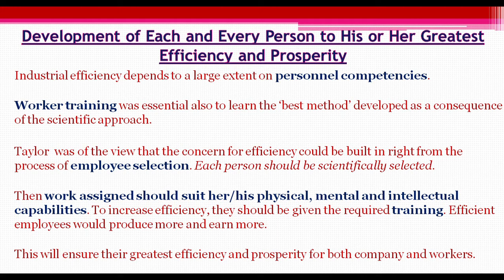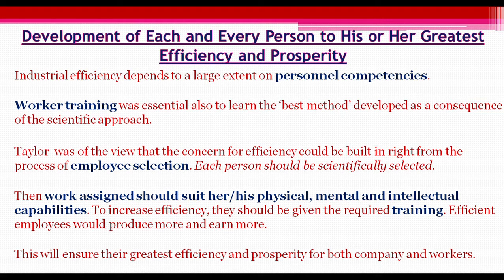Taylor was of the view that the concern for efficiency should be built in right from the process of employee selection. Each person should be scientifically selected. Work assigned should suit his or her physical, mental, and intellectual capabilities. And in order to increase efficiency, we need to give proper training.